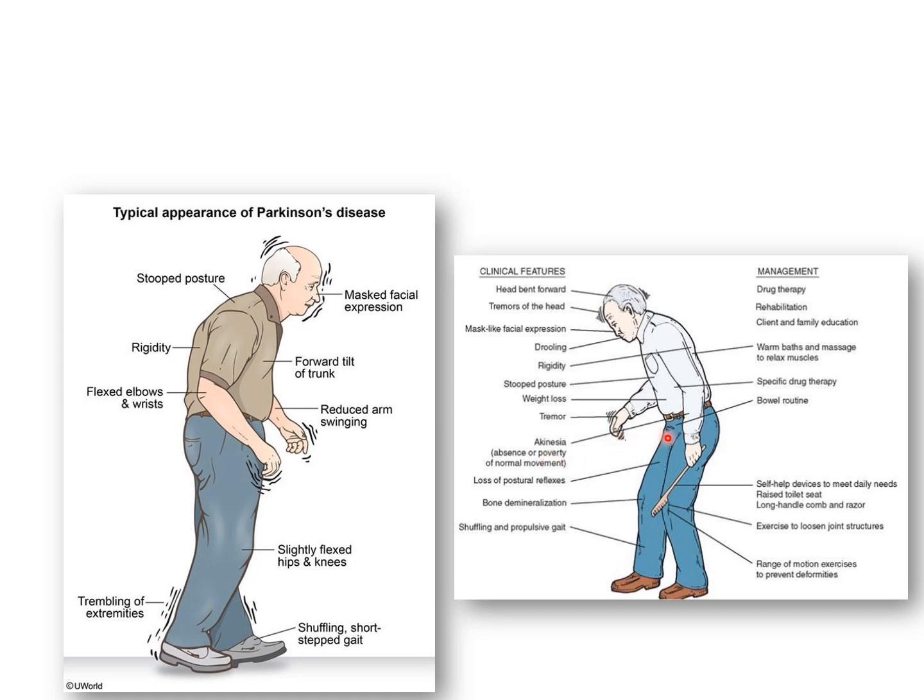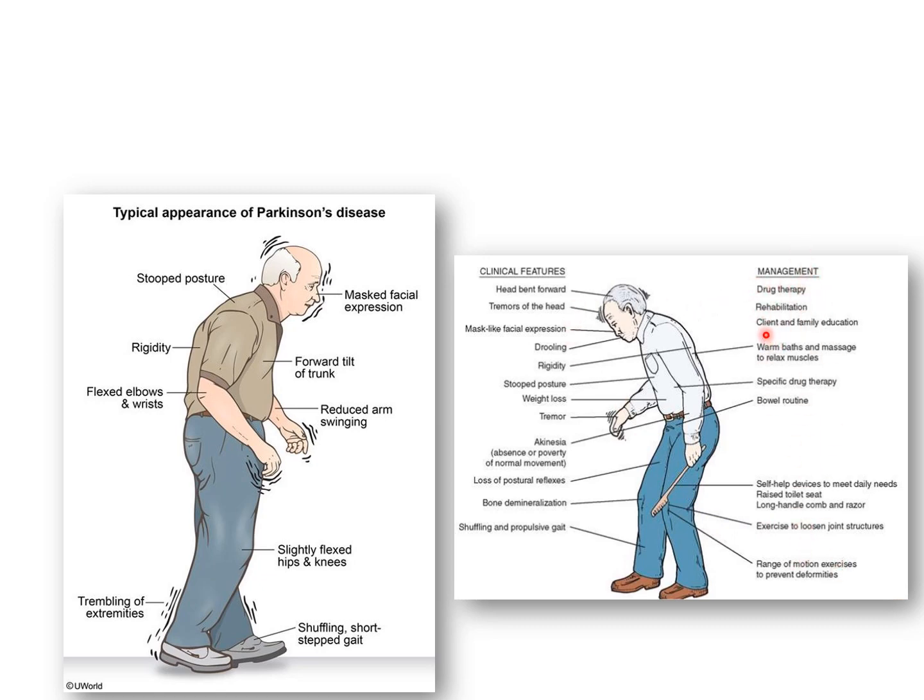Then akinesia means absence or poverty of normal movements, loss of postural reflexes, bone demineralization, shuffling and propulsive gait. Then also self-help devices to meet daily needs, raised toilet seat. These are the management, how we can manage.